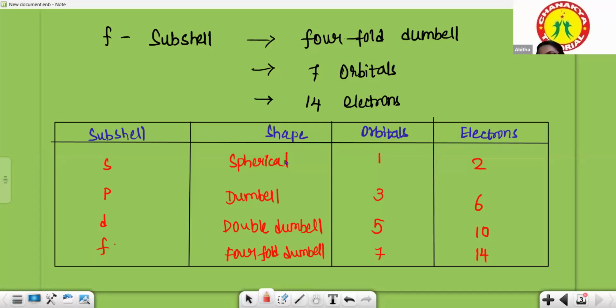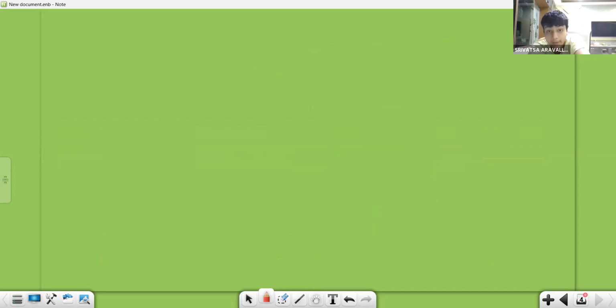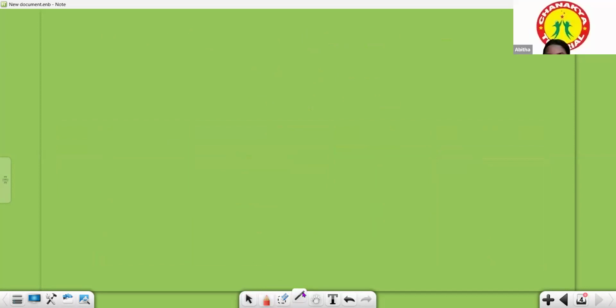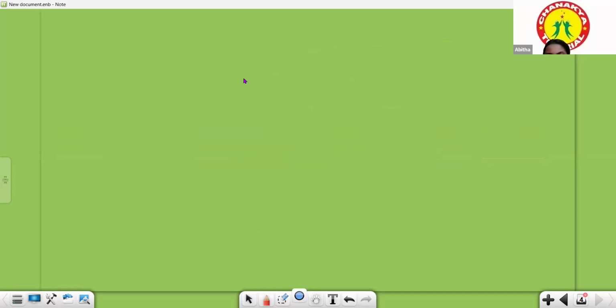Now it's time to learn about the shapes of these. We mentioned spherical, dumbbell, double dumbbell, and four dumbbell. Now we are going to see how they look. What is the shape of the S subshell, Srivatsa? It is spherical in shape, right?